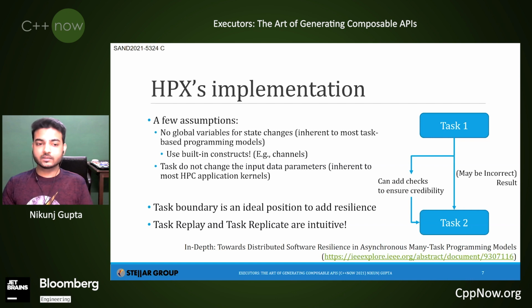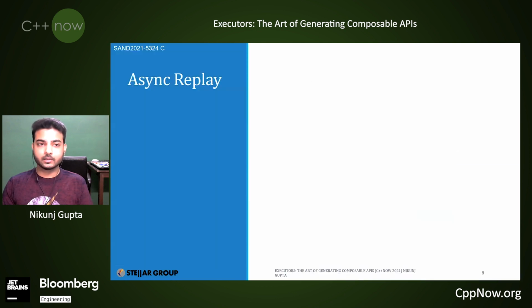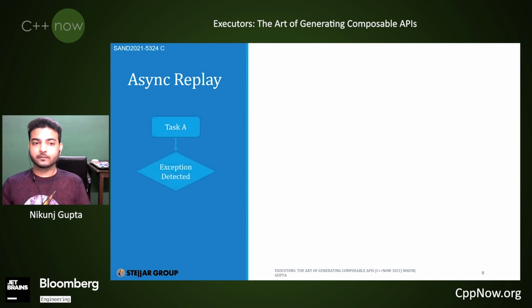So for example, let's take task replay. That's async replay in HPX. What happens there is you start with the task A. You check if there's any exception in that task. If there are any exceptions, then you rerun the task recursively as long as you have the replay options.